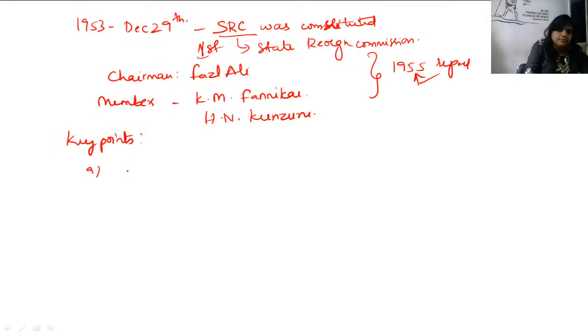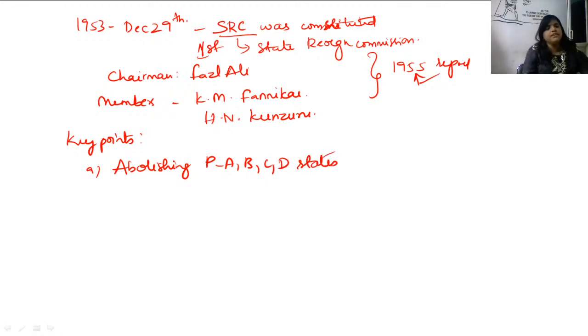First point is, this particular committee recommended for abolishing Part A, Part B, Part C, D states. The first important point is, this particular commission recommended for abolition of Part A, B, C, D states.